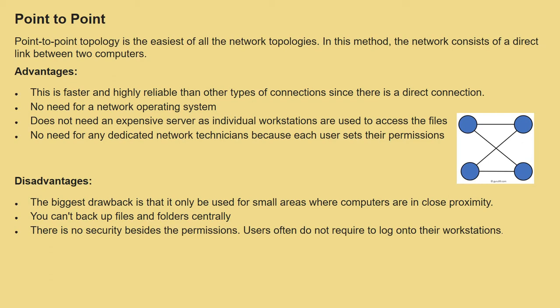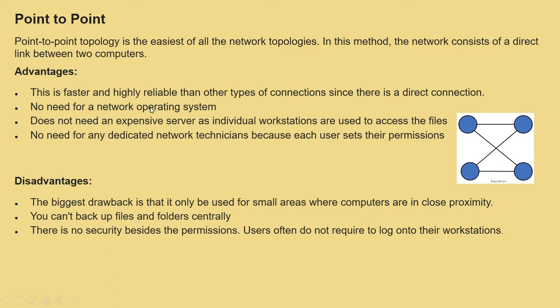As for point to point topology, all the systems are directly connected to each other. Now see this picture. One system is directly linked to another system, and that one is also directly linked to the next system. In such a manner, every point is connected with each other. That's why it is much faster and highly reliable compared to other topologies.